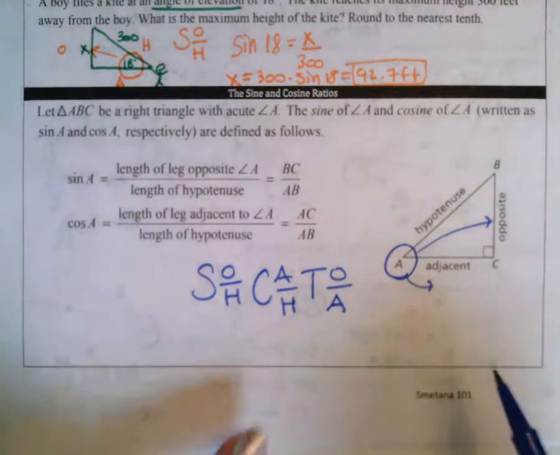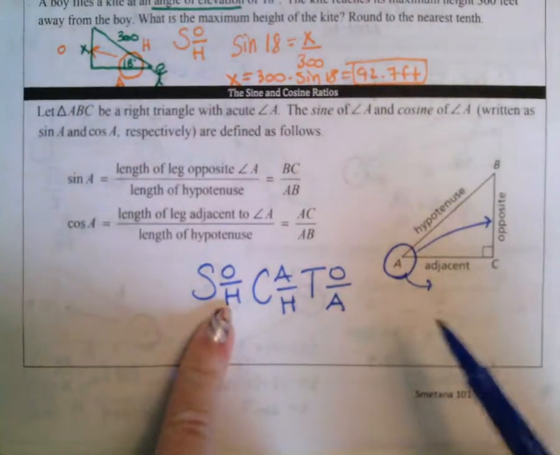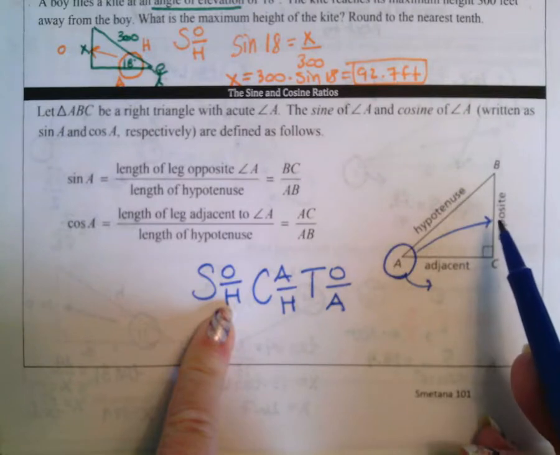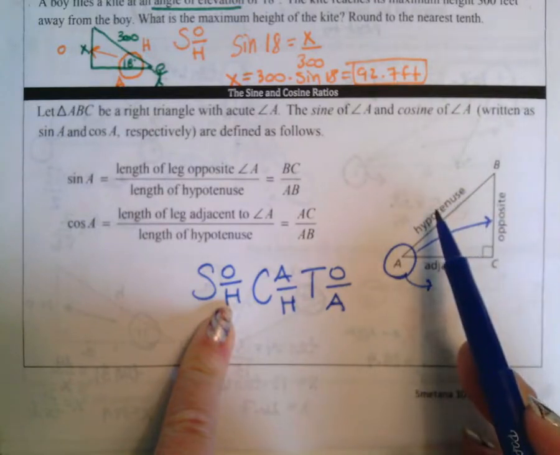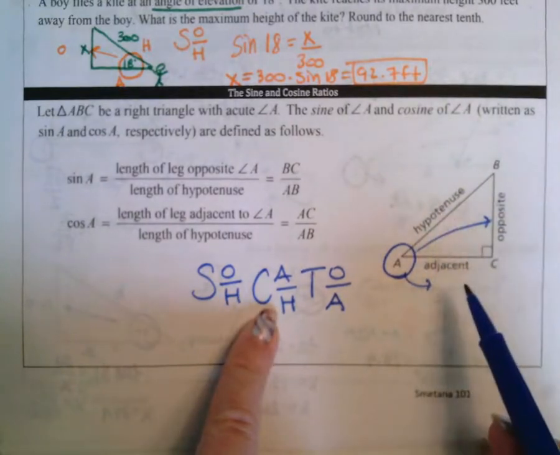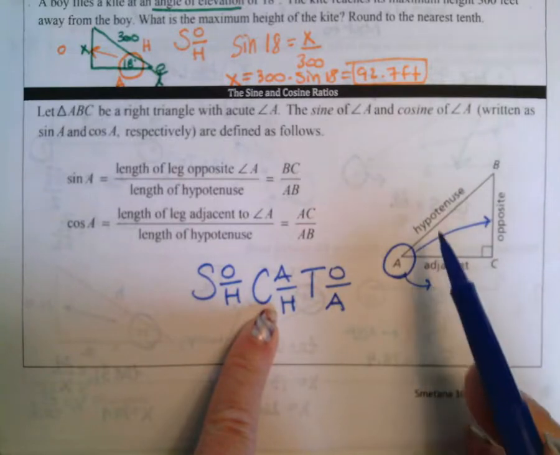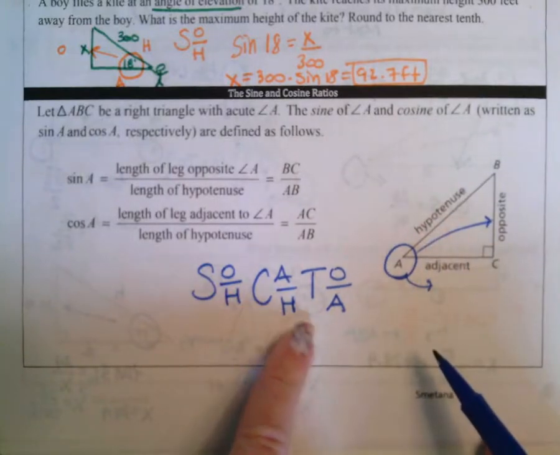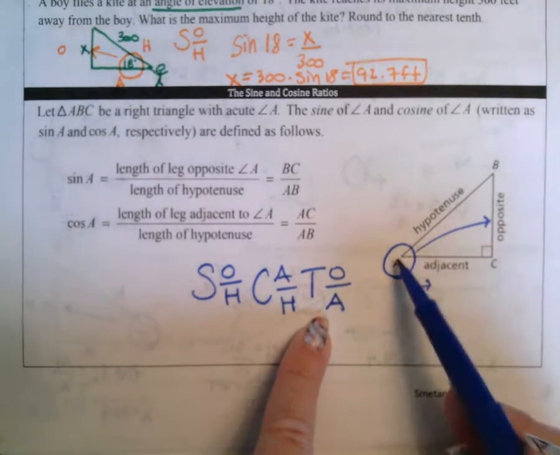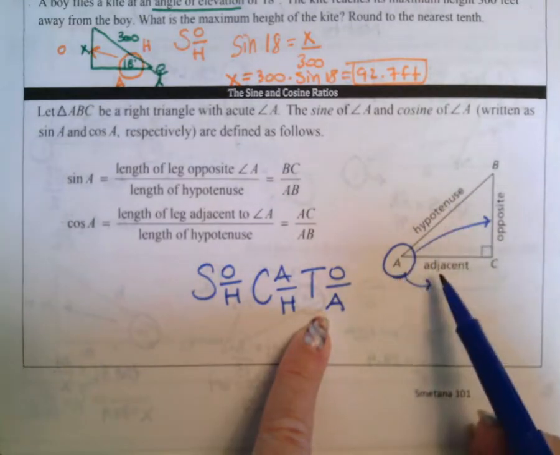If you're using sine, you would use opposite and hypotenuse. If you're using cosine, you would be using adjacent and hypotenuse. And if you're using tangent, you would be using opposite and adjacent.